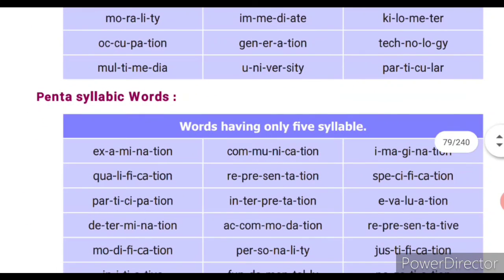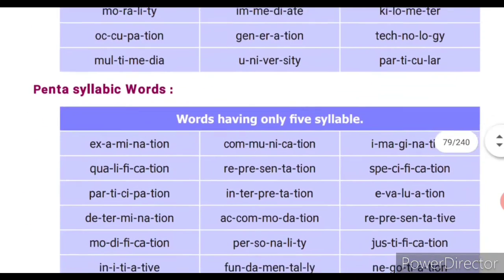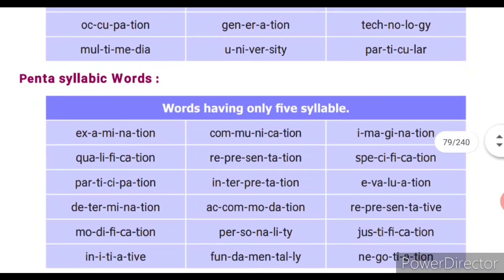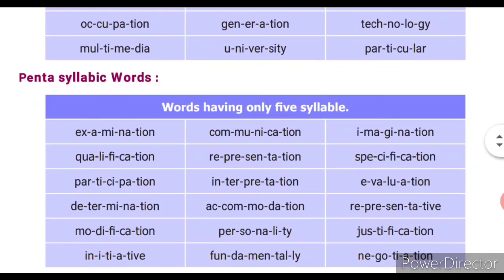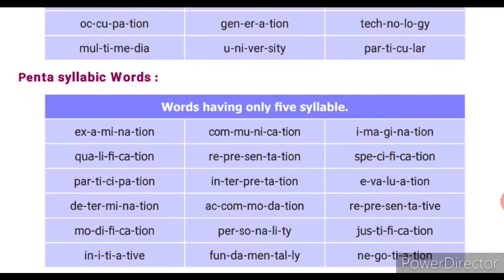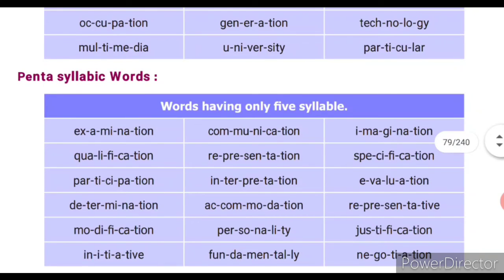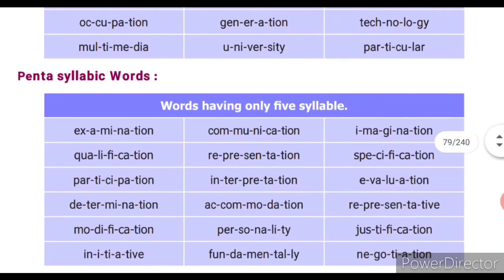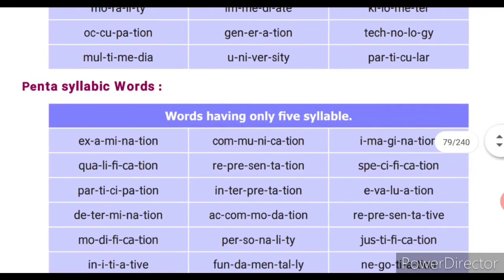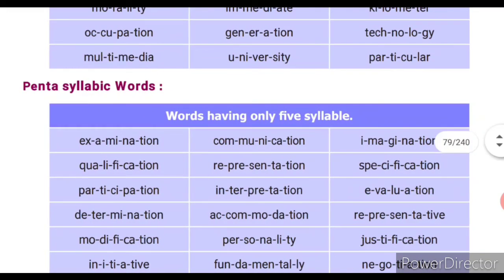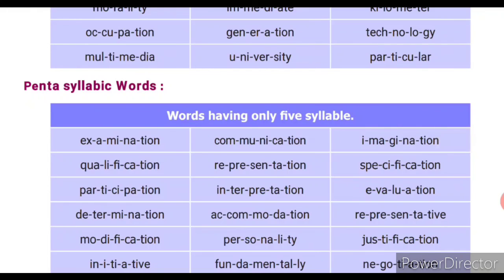Then next see the pentasyllabic words. Here words having only five syllables are called pentasyllabic words. Examination, we will pronounce it as examination only. So examination, communication, imagination. Children, definitely this syllabification will help you to learn and spell the words correctly.